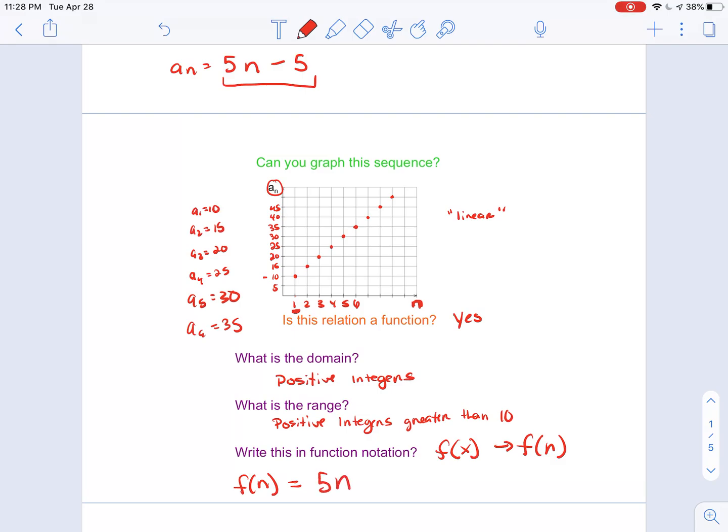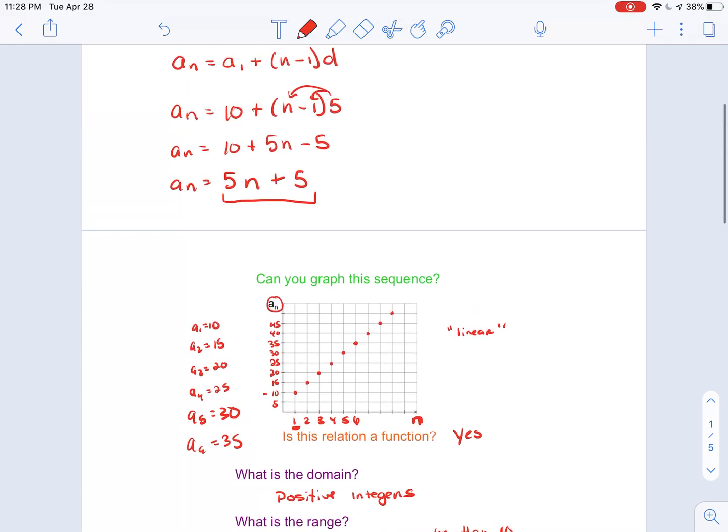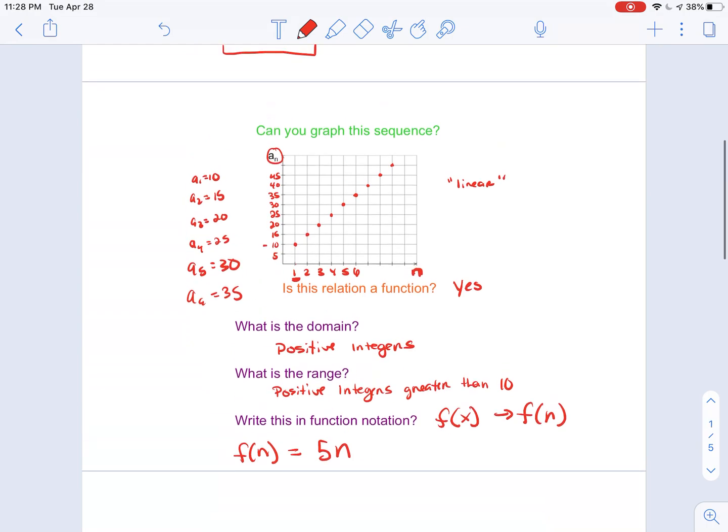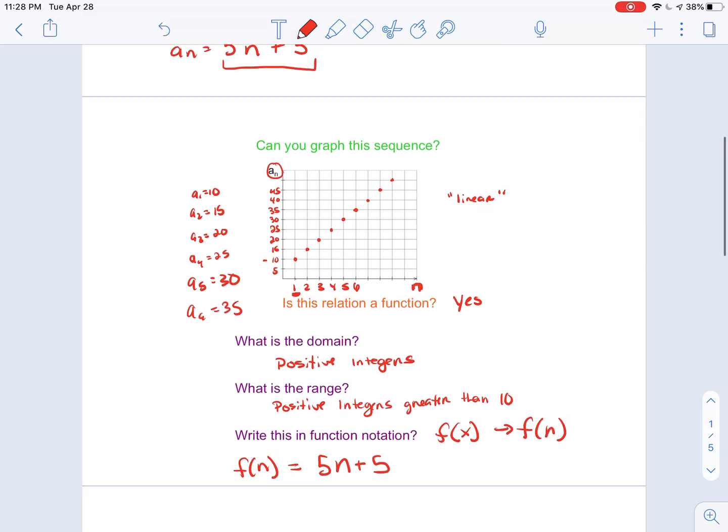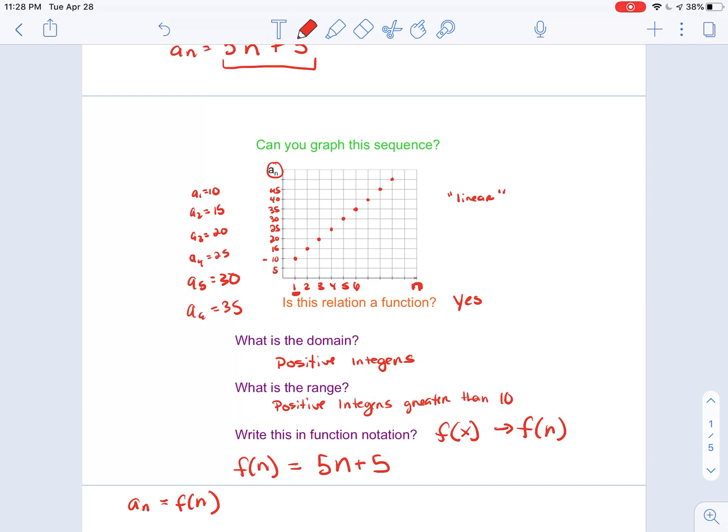So if I wanted to write this explicit formula in function notation, I would write the exact, I think I made a mistake. Sorry. The exact same explicit formula, just replacing the a sub n with an f of n. Okay, so what do we take from this? Well, anytime we see a sub n, we are going to understand that it is the same as f sub n.